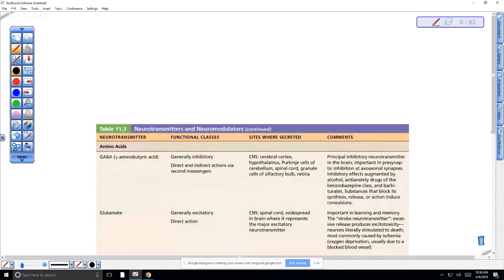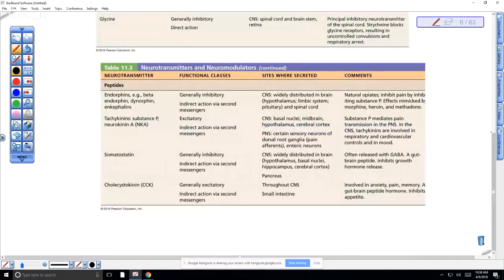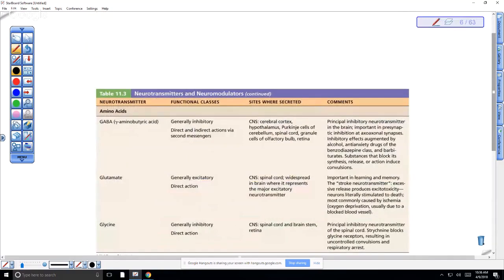there is another inhibitory neurotransmitter in the brain that I mentioned previously, and that is called GABA. It is actually the prime inhibitory neurotransmitter in the brain. It is one of those that has direct and indirect actions. It opens up those chloride ion channels and actually causes hyperpolarization.